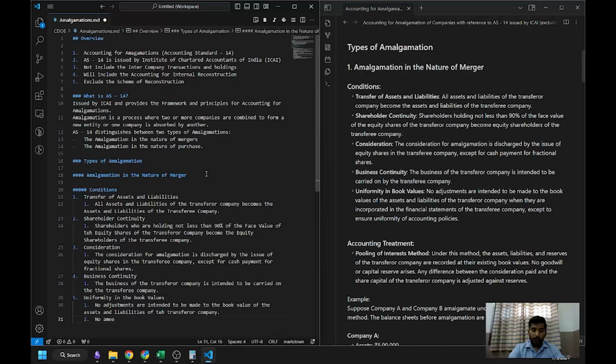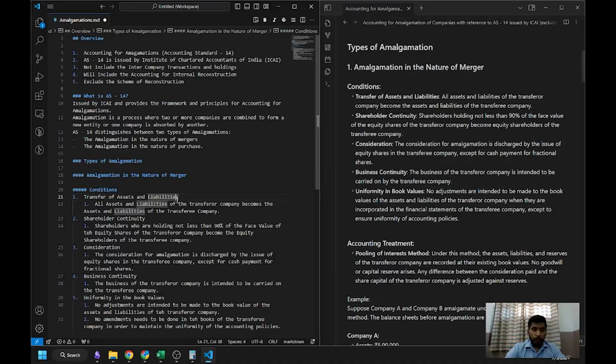No amendments need to be done in the books of the transferee company in order to maintain the uniformity of the accounting policies.